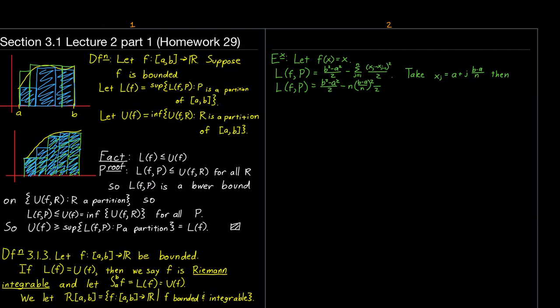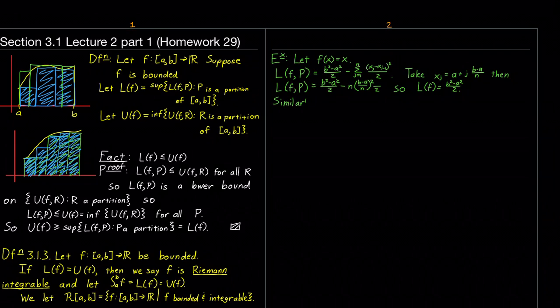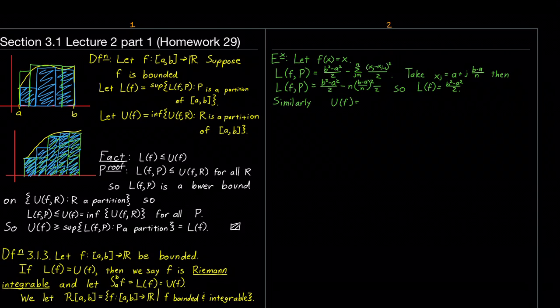So letting n go to infinity, taking the supremum of all these, we get L of f is (b squared minus a squared) over 2. And similarly, the upper sum of f over P is... you take the infimum over all the partitions, and you're going to get (b squared minus a squared) over 2.